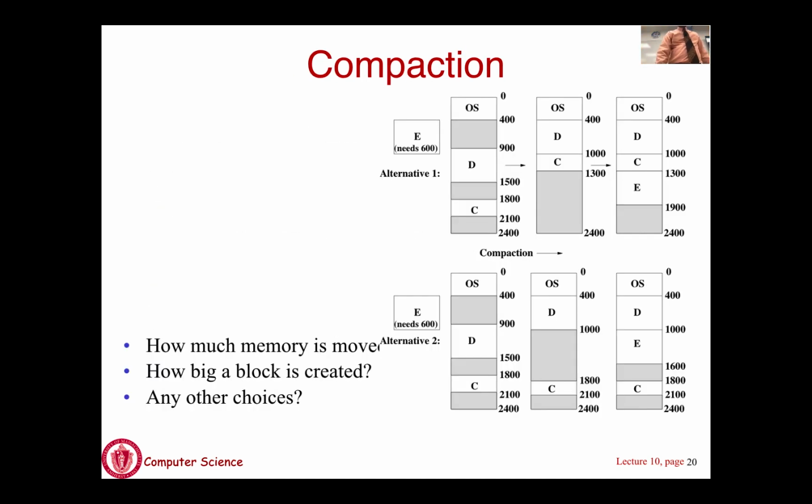Let me show you an example. Here, if you take all those gray regions and sum them up, you have some amount of unallocated memory, say 100 megabytes. A new process comes, and in this case it needs 600 bytes. You scan through all of those gray regions to find one that's big enough to hold a 600 byte process.